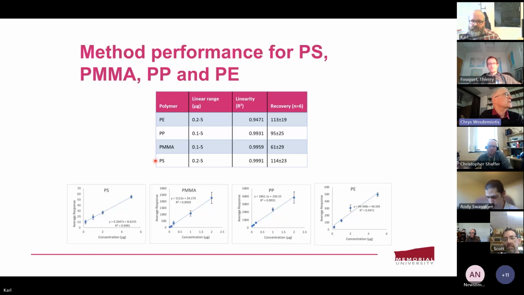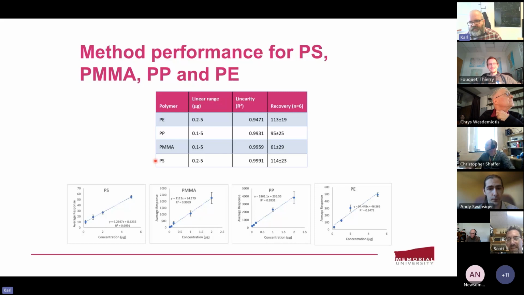Now, on the slide that you show here, polystyrene has a very low response factor compared, say, to PMMA, polypropylene, and polyethylene. The fact that you see lots of polystyrene enhances that. That's correct. And so you have to assume that these response factors are right, and maybe they're not.